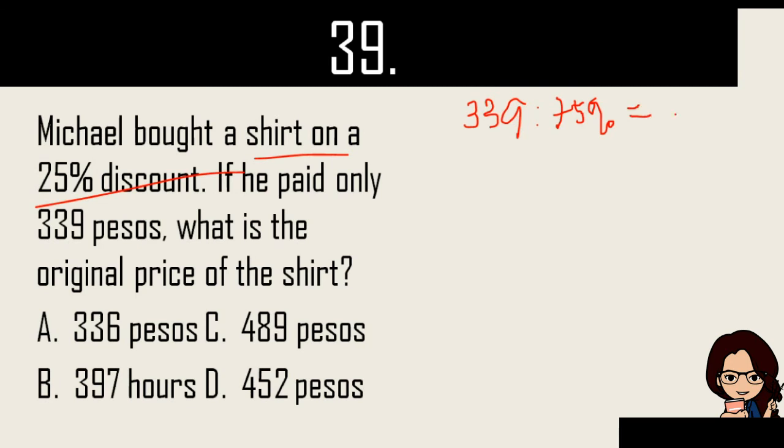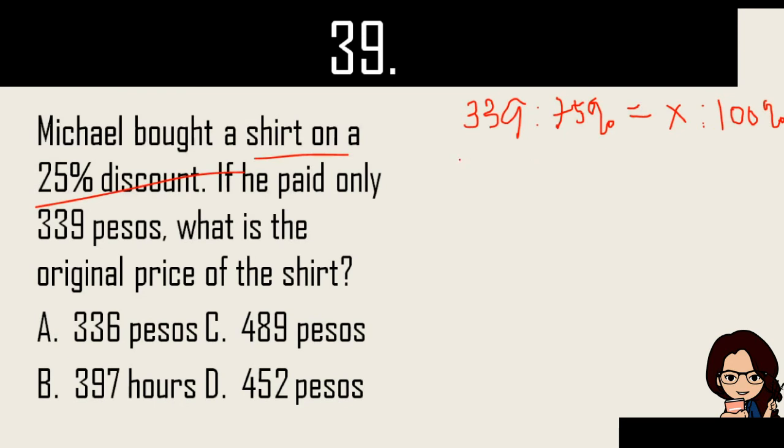Okay? Ngayon, hindi natin alam kung magkano yung original price ng shirt. Pero alam natin, okay, na ang hinahanap natin na yung x na yan, ang equivalent niyan is 100% nung price. O, ngayon, does this look familiar to you? It should, kasi ratio problem siya.